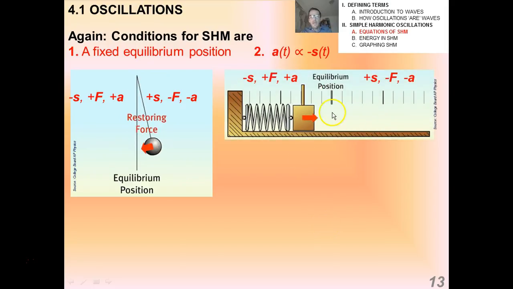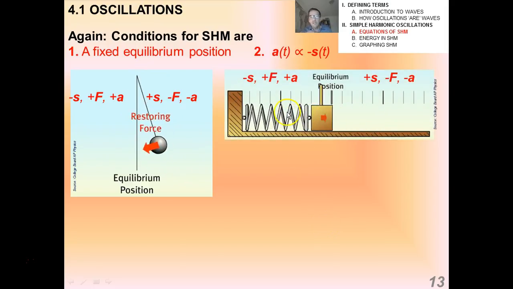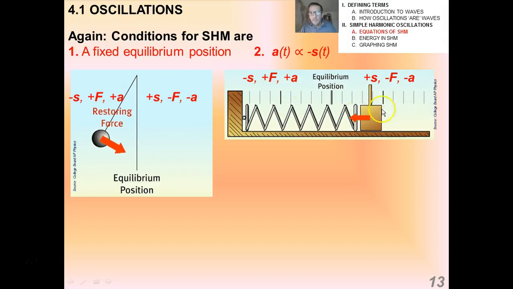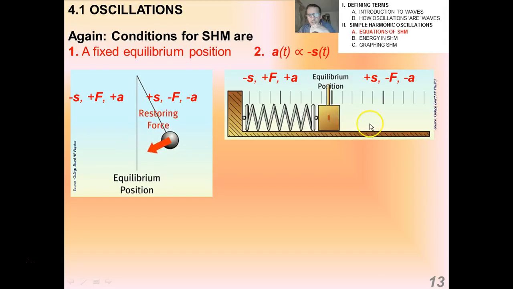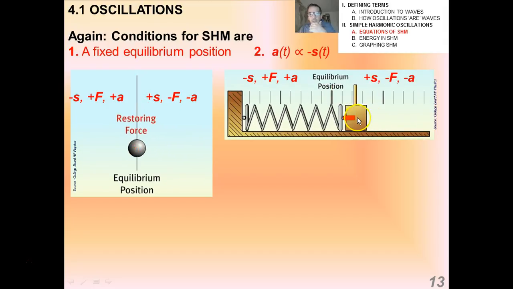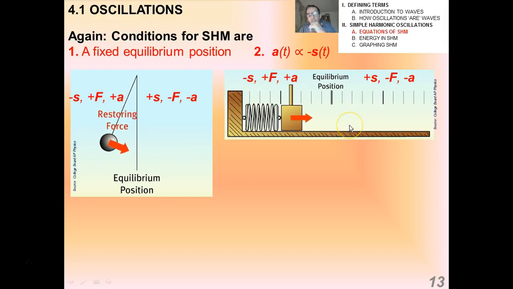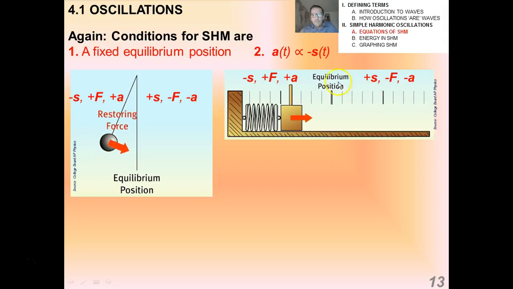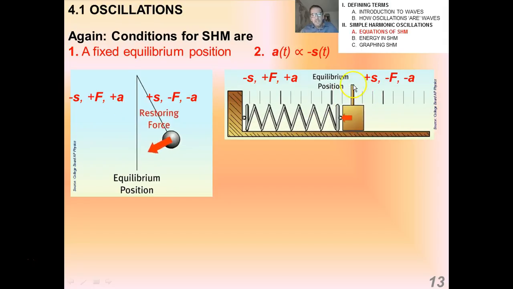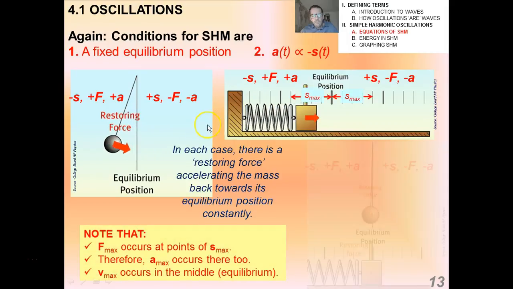Same idea for a mass oscillating on a spring. Equilibrium position right here, to the right is positive, to the left is negative. Again, the red arrow in the middle shows the restoring force. It's oscillating between a positive force and a negative force, okay? So exactly the same physics going on between these two physical phenomena.